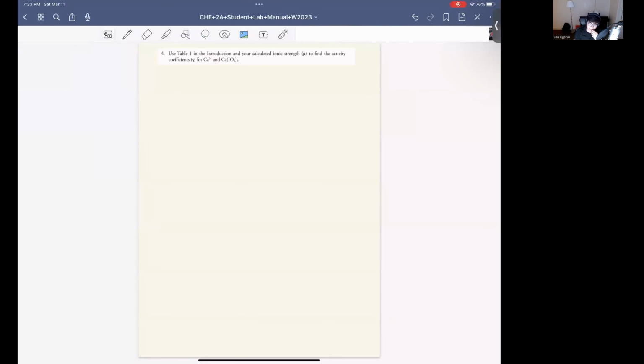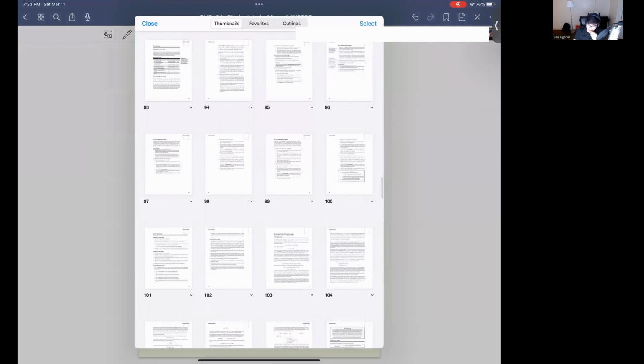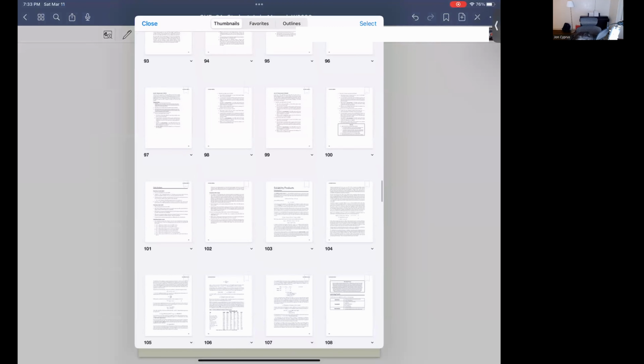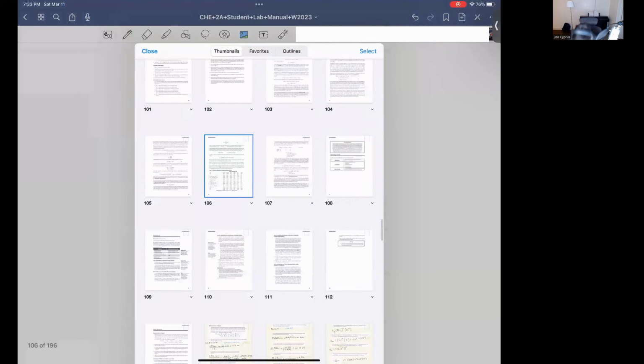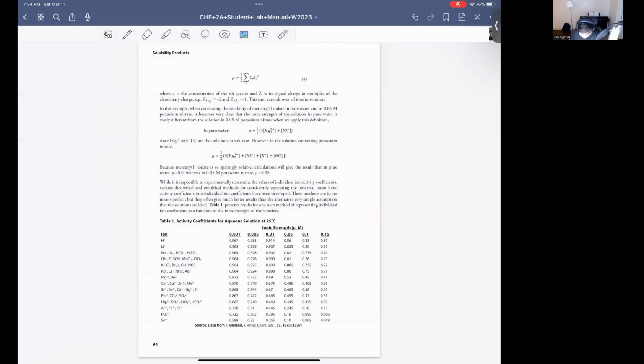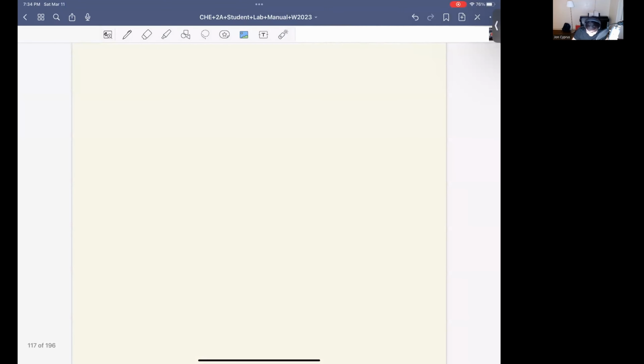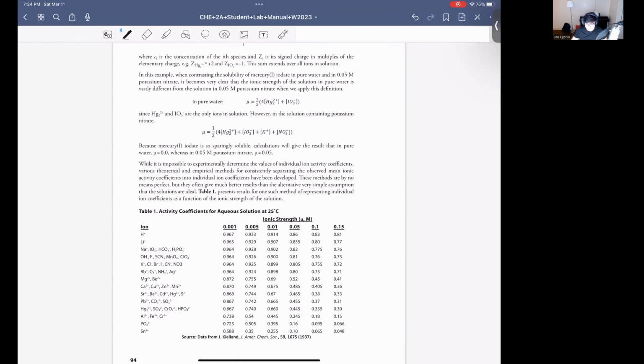Please listen carefully for this, otherwise you might be confused. Let me just find the table here. There it is. I don't know why it went back, but give me 1 second to go back.